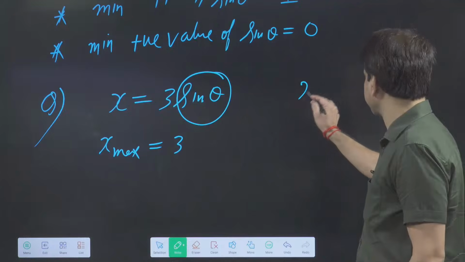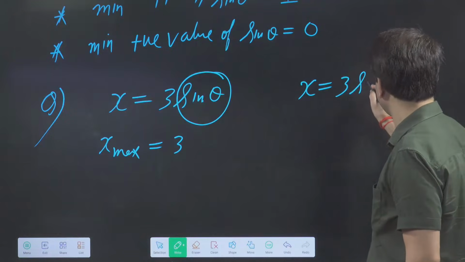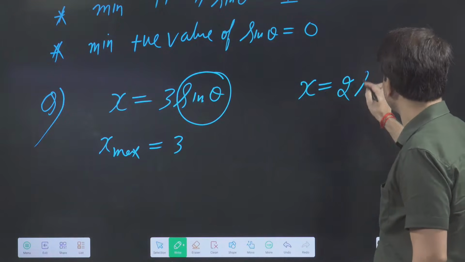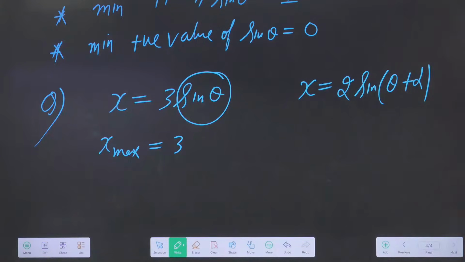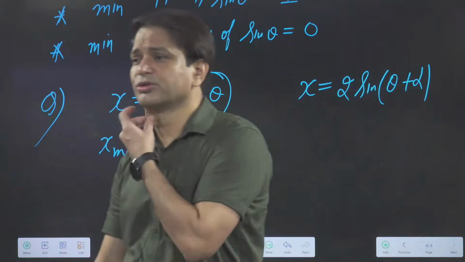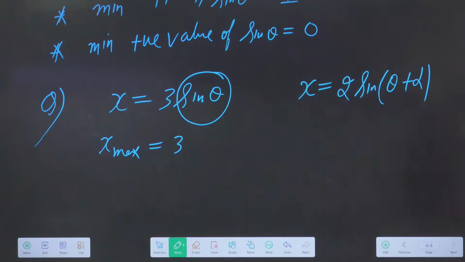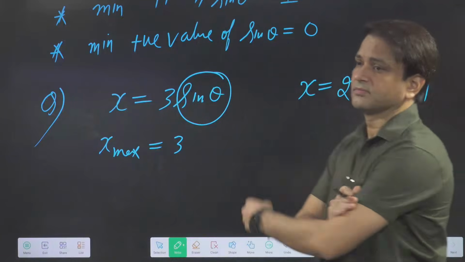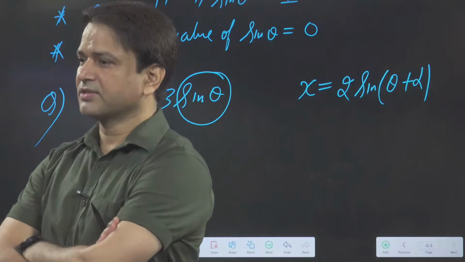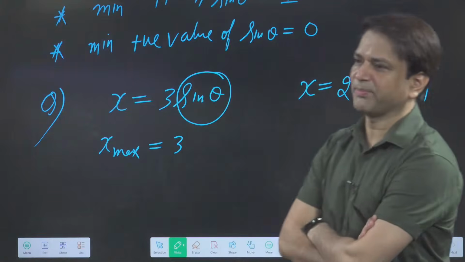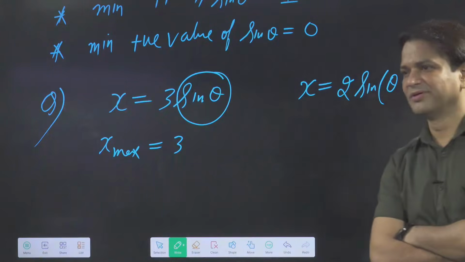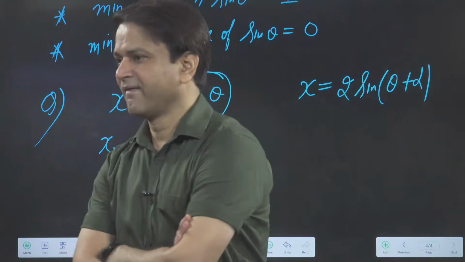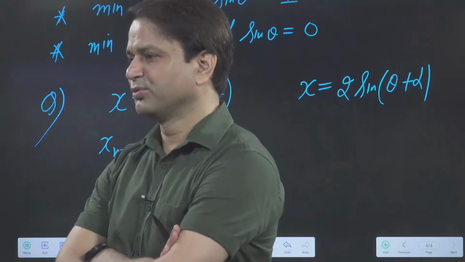Now one more, suppose I am saying x is equal to 2 sine(theta plus alpha). What is the maximum value of x? Somebody is saying 2. Very good.